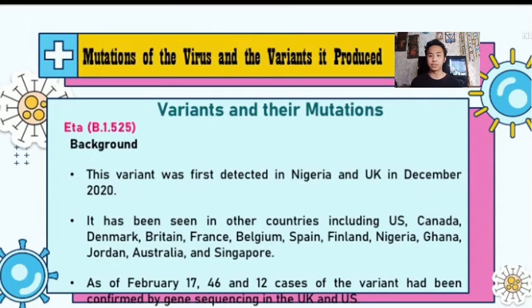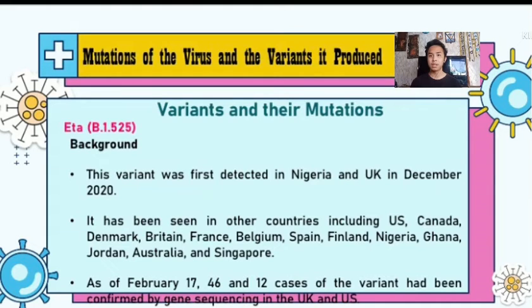The Eta variation, lineage B.1.525, is also known as VUI-21FEB-03 by Public Health England. It's a SARS-CoV-2 variant. It does not have the same N501Y mutation as Alpha, Beta, or Gamma, but it does have the same E484K mutation as Gamma, Zeta, and Beta. In December 2020, this variety was first discovered in Nigeria and the United Kingdom.